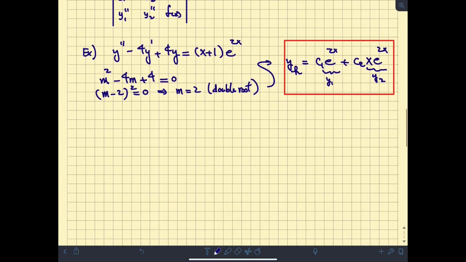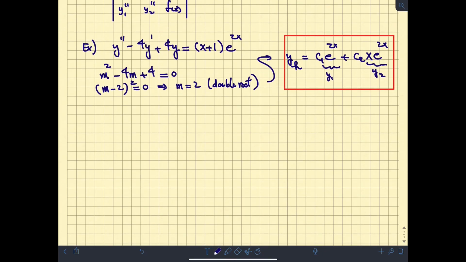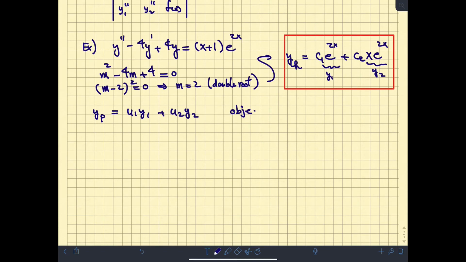Now it's time for me to find my particular solution. Remember that my particular solution is going to be u1 y1 plus u2 y2, and the objective of using the method of variation of parameters here is to literally find u1 and u2.